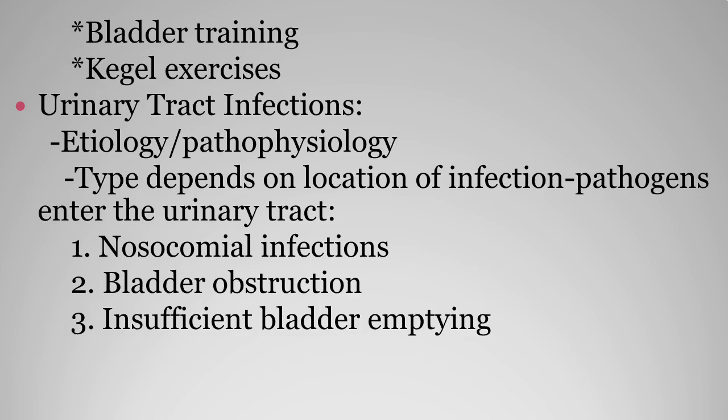So dehydration is a big issue with the elderly. When elderly people do have incontinence, they tend to think that it will not be so bad if I don't drink as much. So they tend to go easy on the fluids, get dehydrated, end up with a UTI, and then let all those manifestations begin to occur.